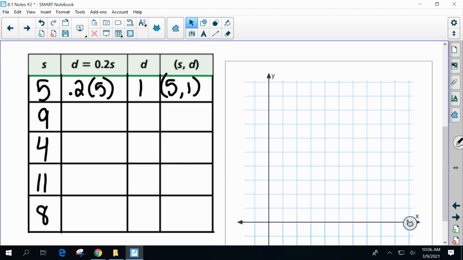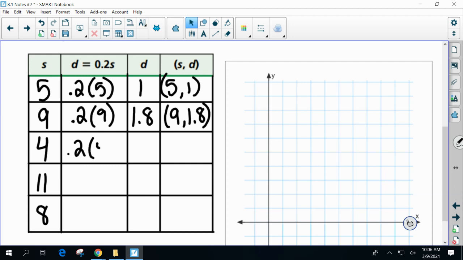And then you're going to go down through the chart. So 0.2 times 9 is 1.8. So my coordinate would be 9, 1.8. 0.2 times 4 is 0.8. So that's 4, 0.8. And then finish up 11 and 8.